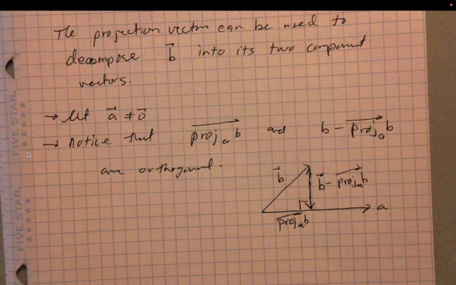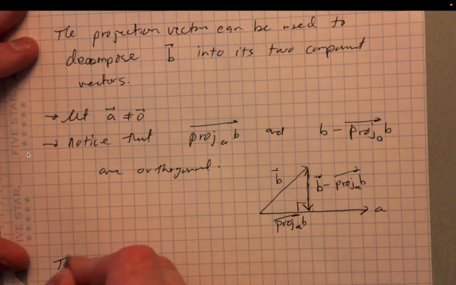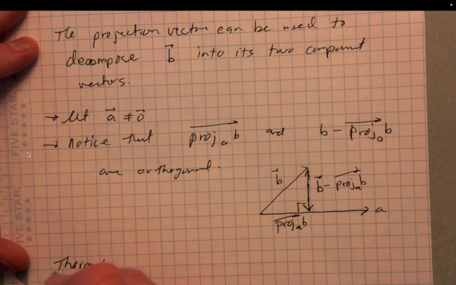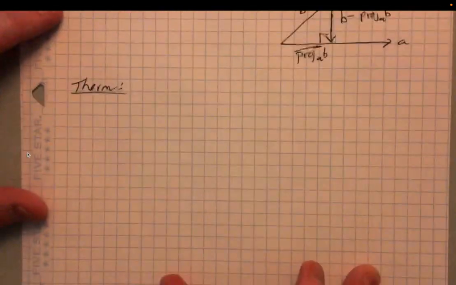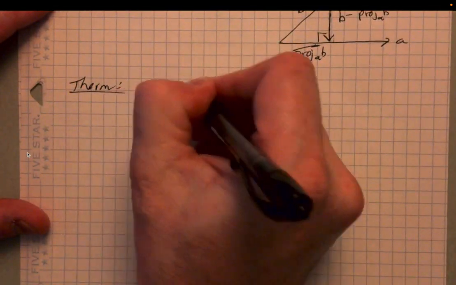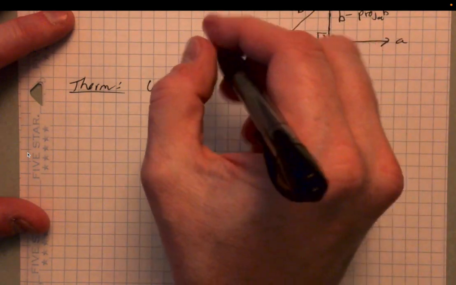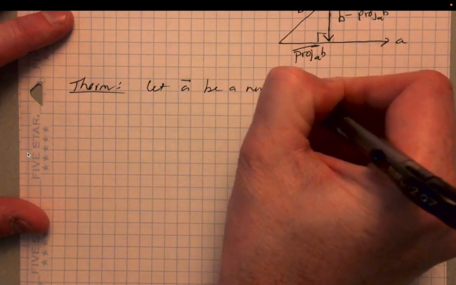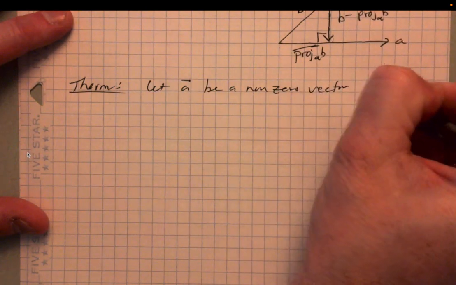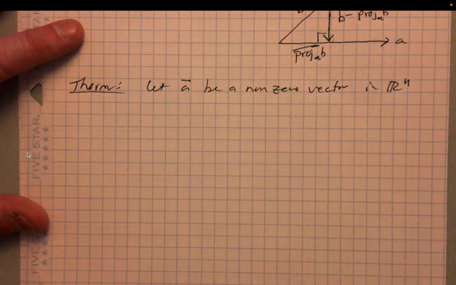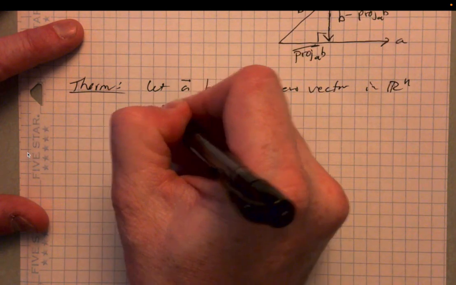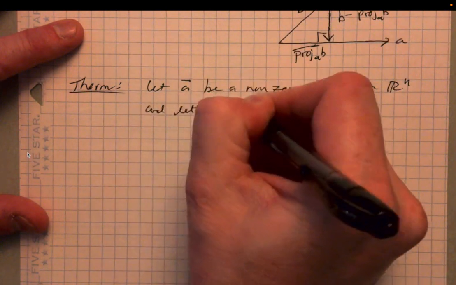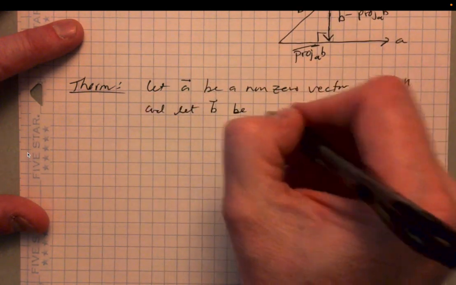Okay. All right. Let's talk this out in the following theorem then. Let A be a non-zero vector in Rn. Okay, and let B be any vector in Rn.